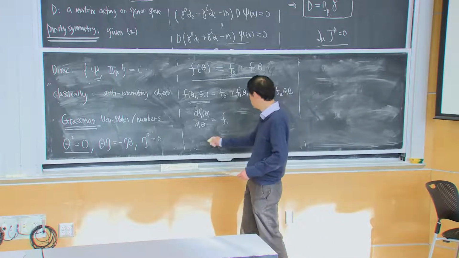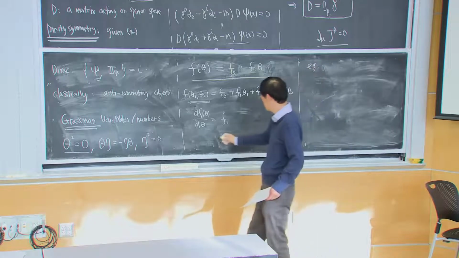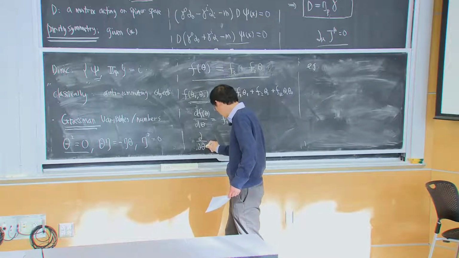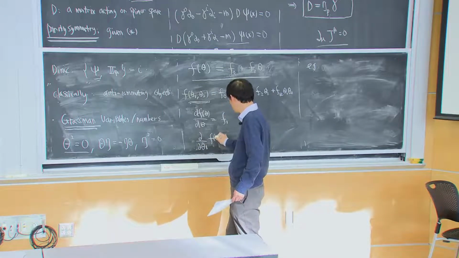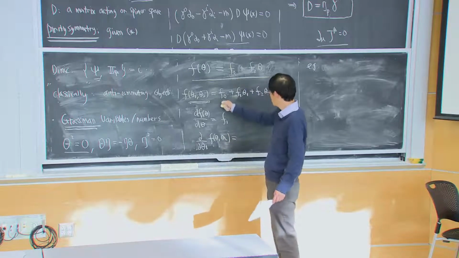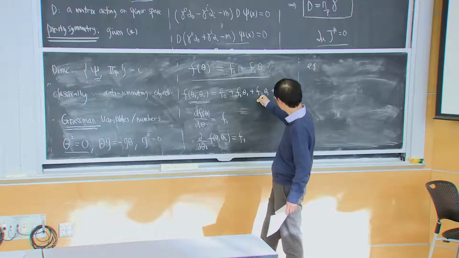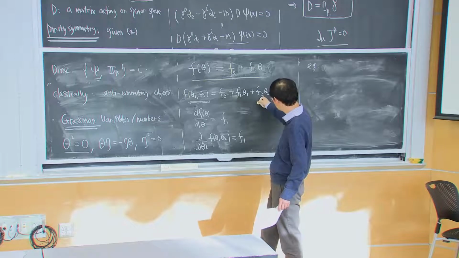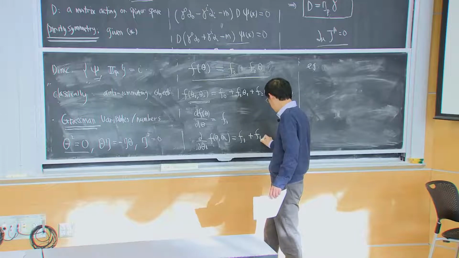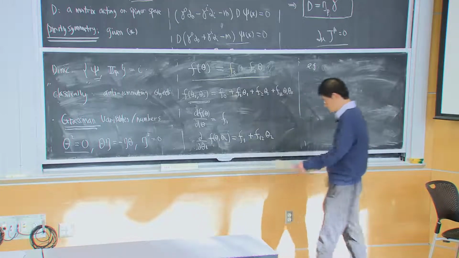So for example, if you take the derivative from the left with respect to theta 1 on this f of theta 1, theta 2, then this term is 0. This term gives us f1. This term does not depend on theta 1, and so this term is also 0 when we take the derivative. And here we have theta 1, so we just get f12 theta 2. Okay, so this is the derivative from the left.